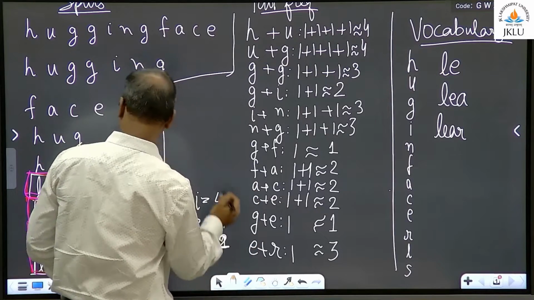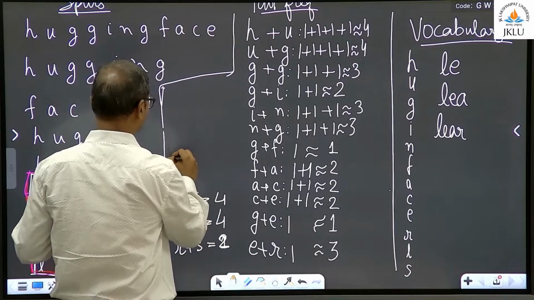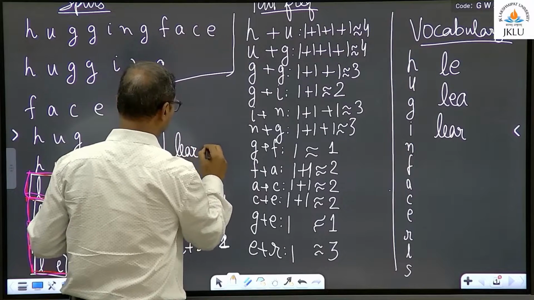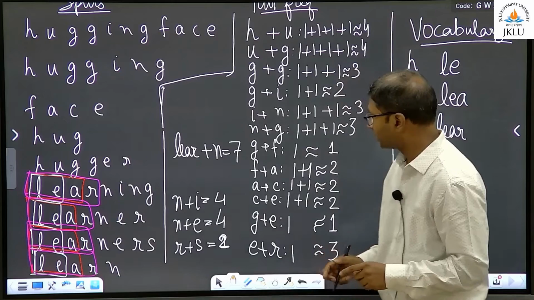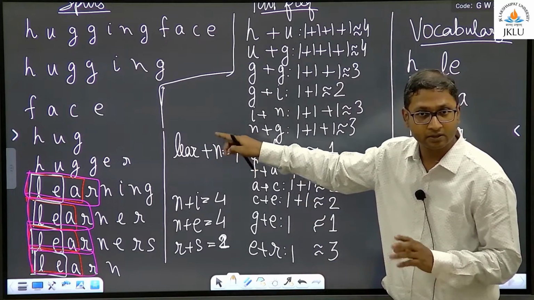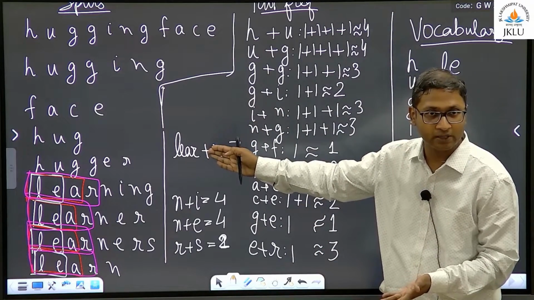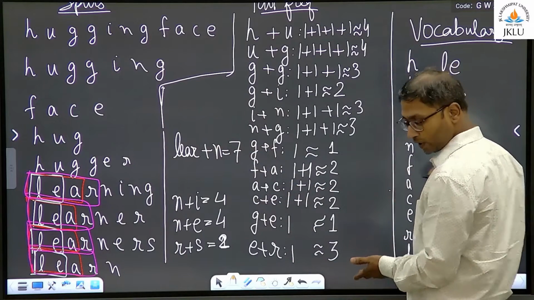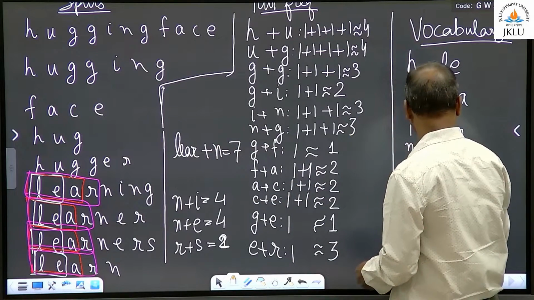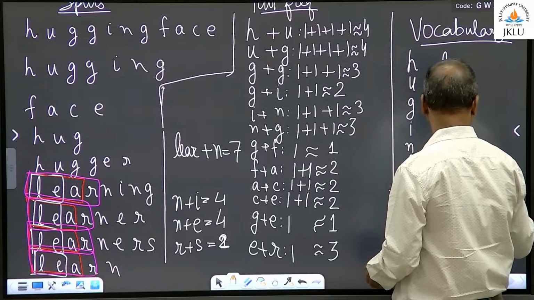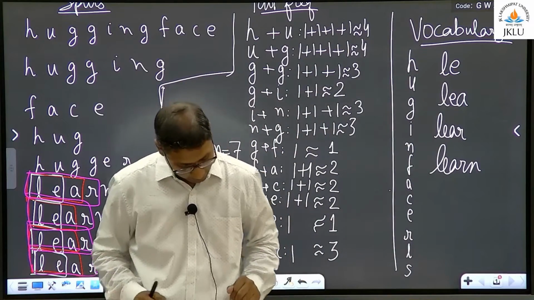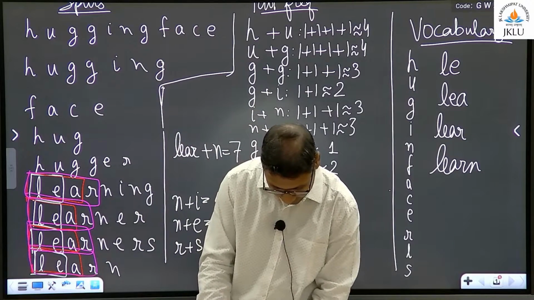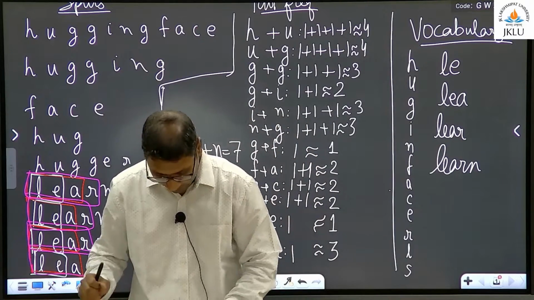So what should I do? LEAR plus N equal to 7. Right. So now this happens. This is the only one with the highest one. All right, so we are done with these merges. Now what next?